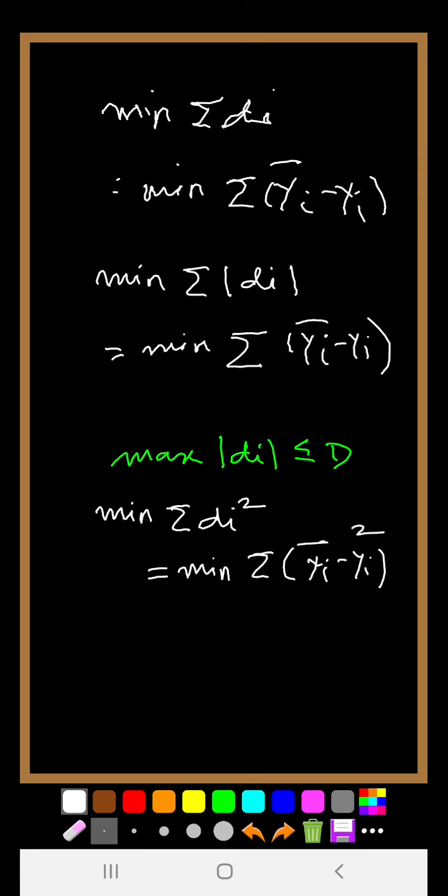These are called metrics. Not a matrix, but a metric, M-E-T-R-I-C. Metrics or distance functions, as they measure the distance between the original value and the value corresponding to the function.